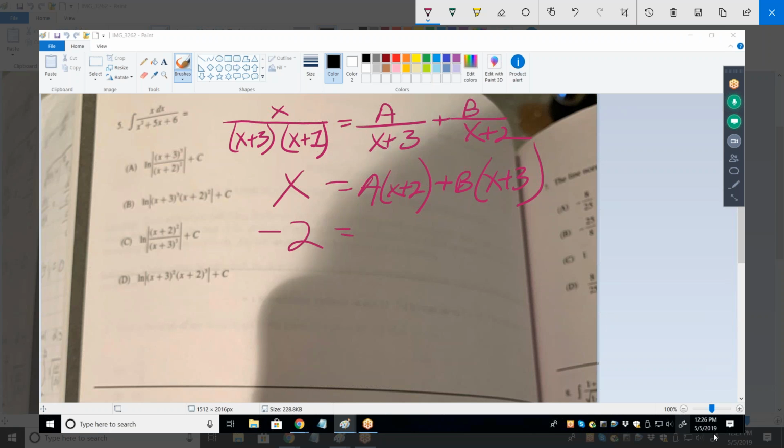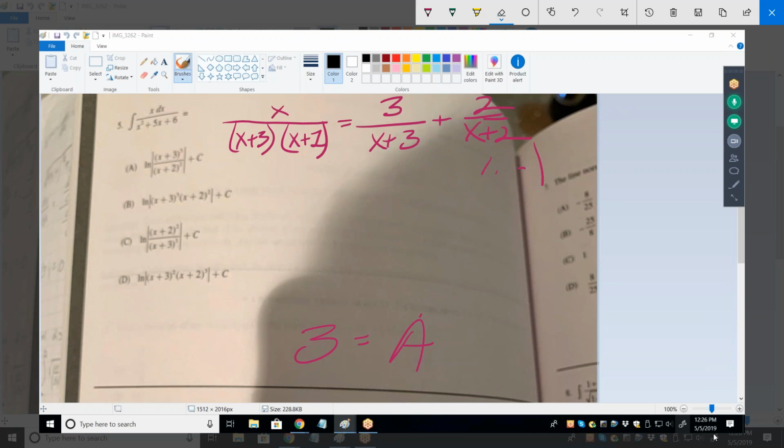So then that's b times 1 equals -2. So then b equals -2. And then plug in -3 to get rid of b. So -3 equals -a. So +3 equals a. All right, so we got our b and our a. So a is 3, and b is -2.